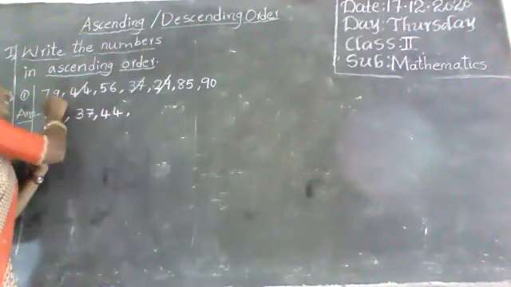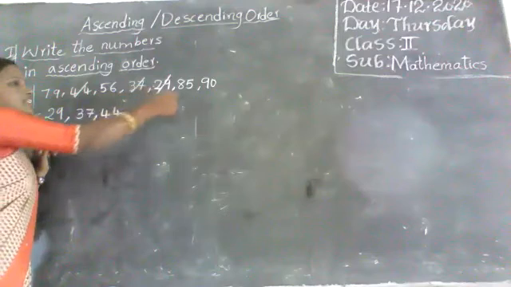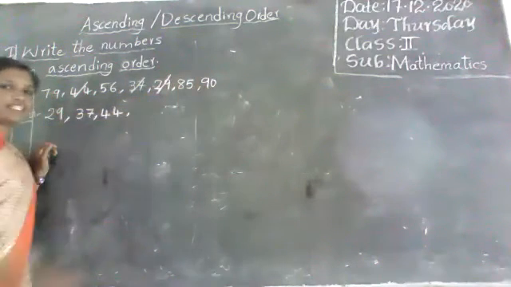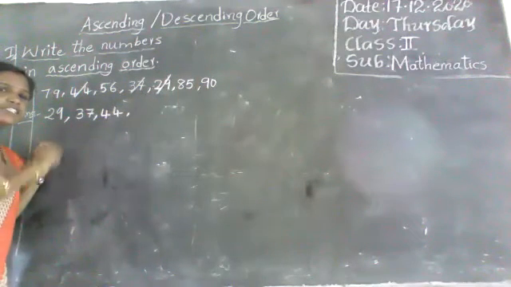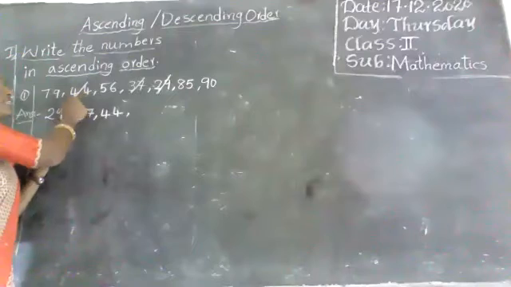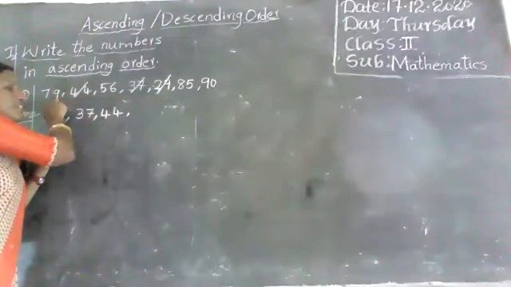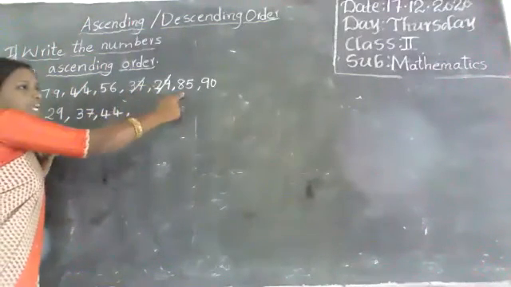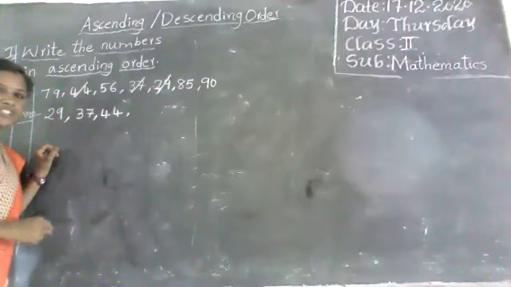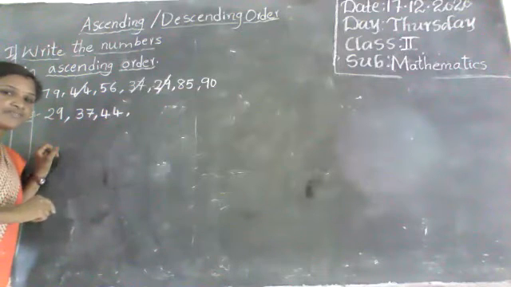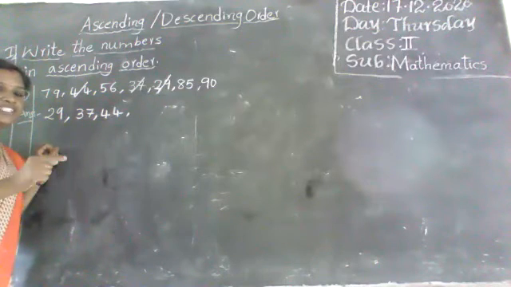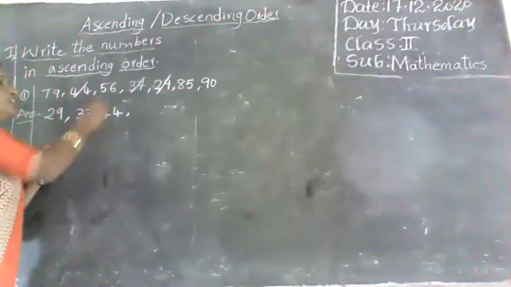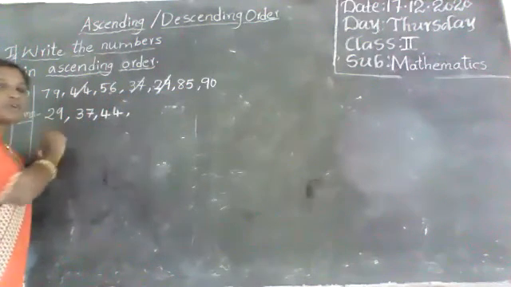Next, 79, 56, 85, 90. Which is the smallest from these numbers? 70, 50, 80, 90. Which number comes first? 50. So 56 is the smallest number.